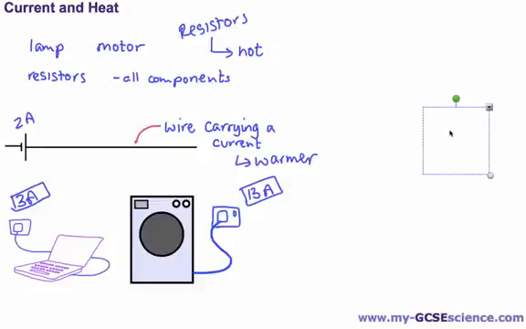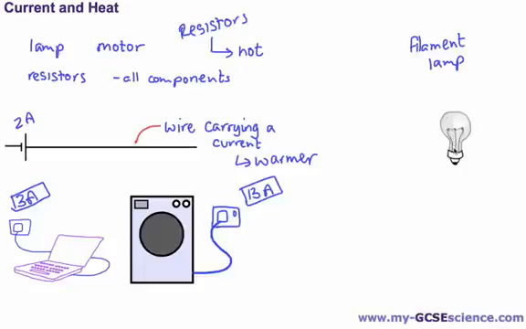The next thing I want to focus in on is this idea of a filament lamp. So this is a filament lamp, and it's called that because it has a very thin filament running through it. The filament is just a very thin piece of a particular kind of metal, and the problem with the filament lamp is that it actually gets very hot.